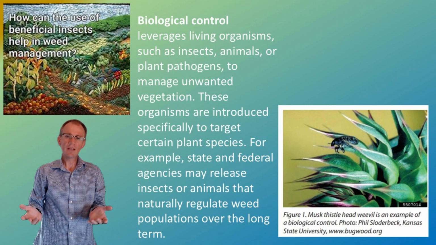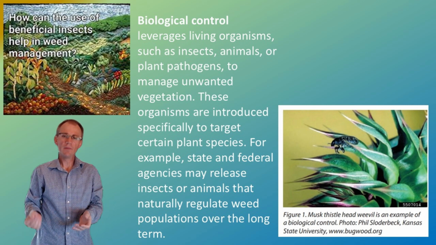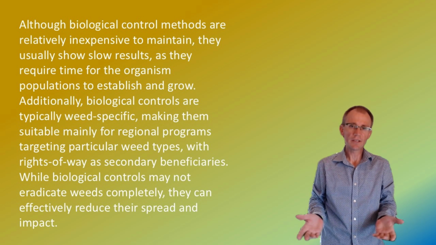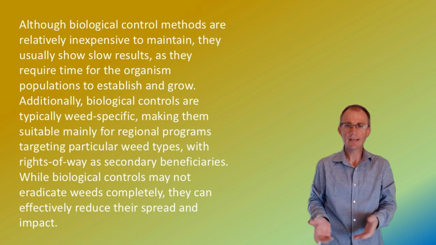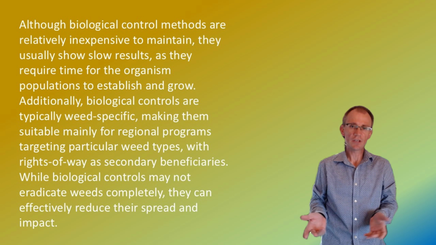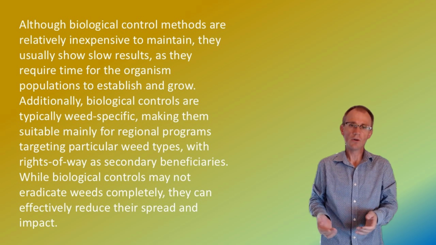As shown in the image on the bottom right here, the musk thistle head weevil is an example of a biological control. Although biological control methods are relatively inexpensive to maintain, they usually show slow results as they require time for the organism populations to establish and grow.